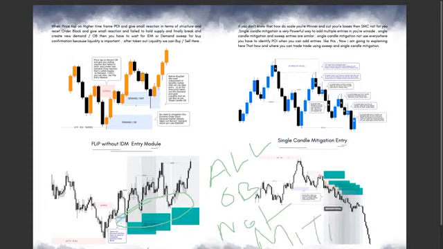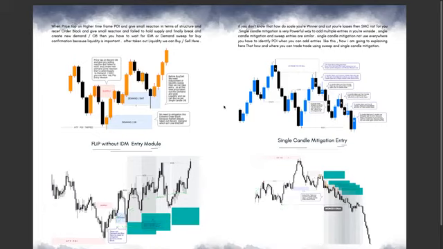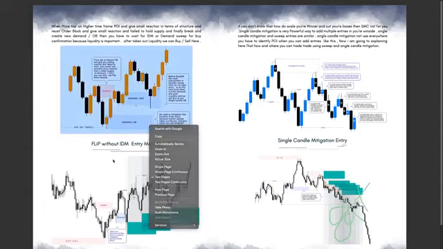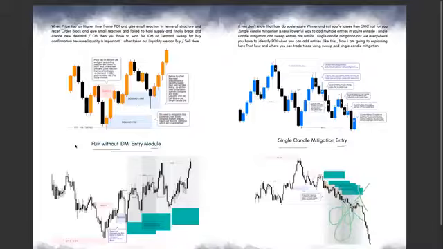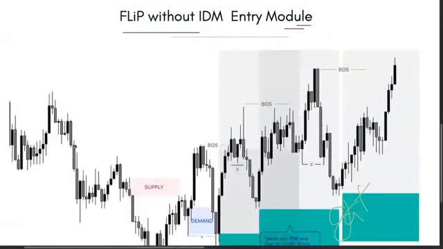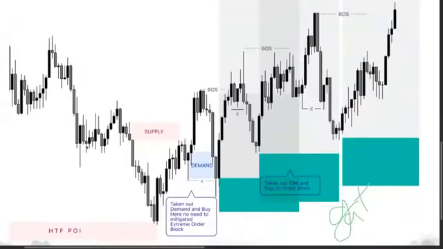All order blocks not mitigated. Okay, at this point, what happened here? Look at this one. Higher time frame PD array tap supply.